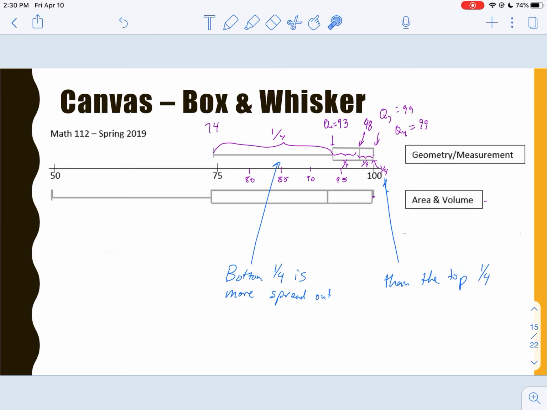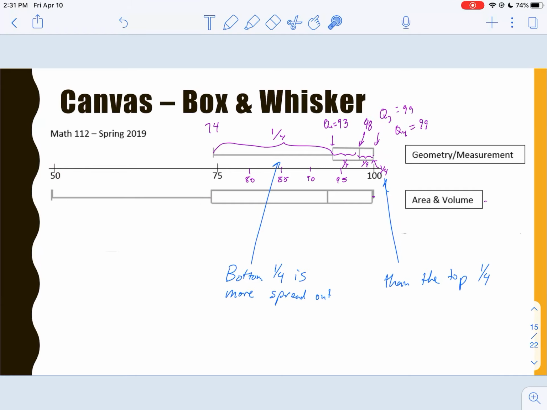If you are looking at a box and whisker plot, you can quickly see, okay, the median here is much higher. Half the class was 98 or above. That's fantastic. Here it's a little more spread out. Half the class was 93 or above.